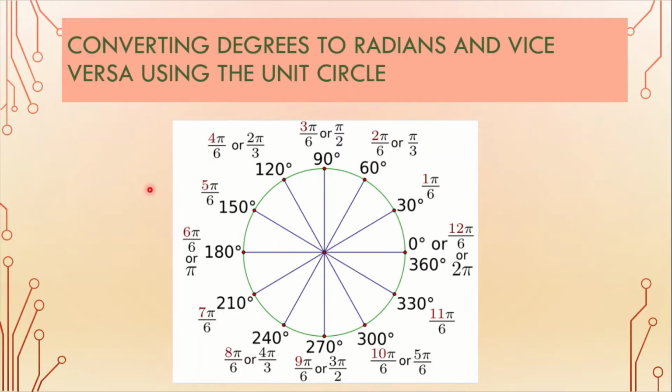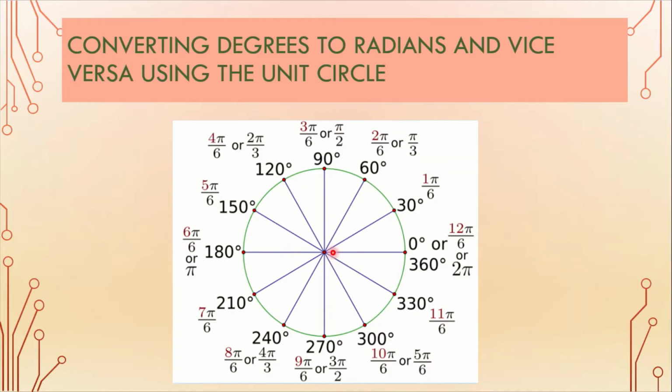Here we will be looking into the special angles expressed in degrees and the equivalent of these special angles in radians. We will be looking into the process of converting degrees, special angles, to radians, and vice versa, using the unit circle.